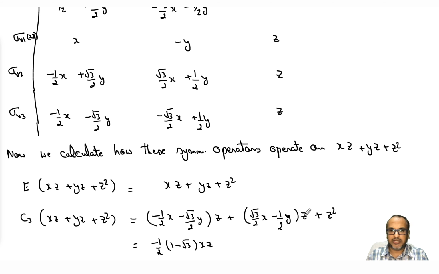Similarly, I can take yz from here, minus half root 3 plus 1 yz plus z square. So this is the effect of C3 onto this function, which is written over here.